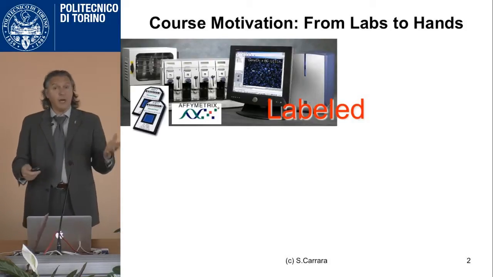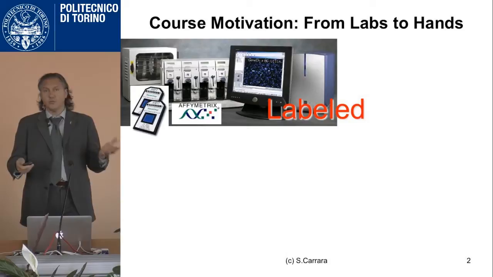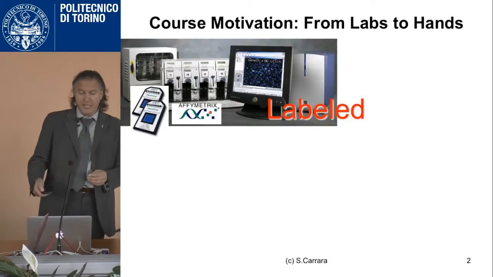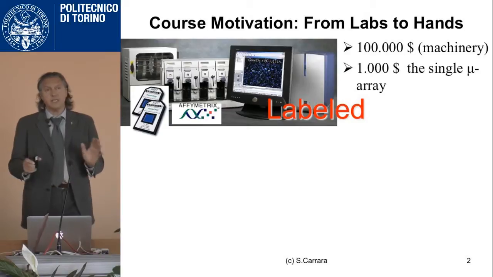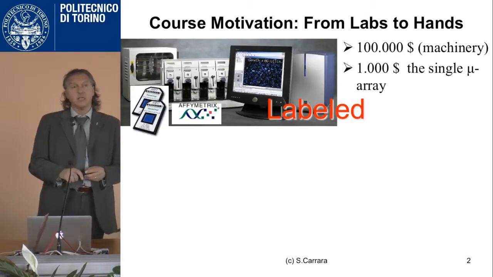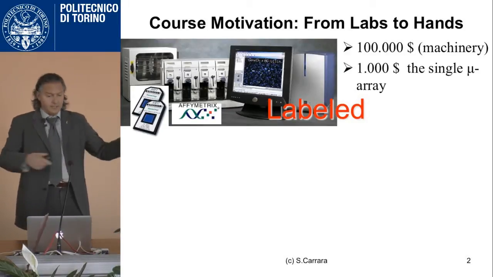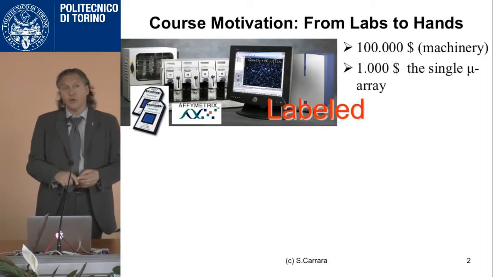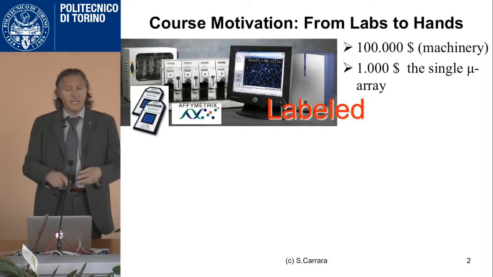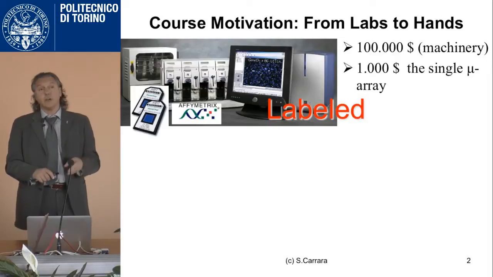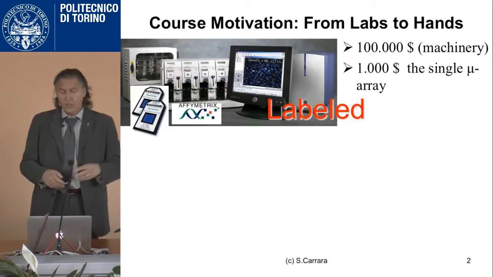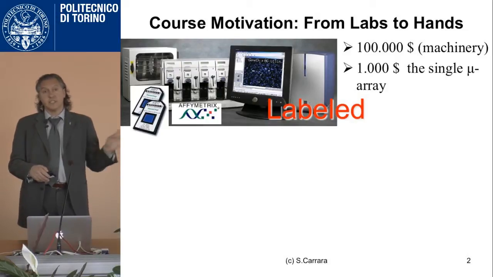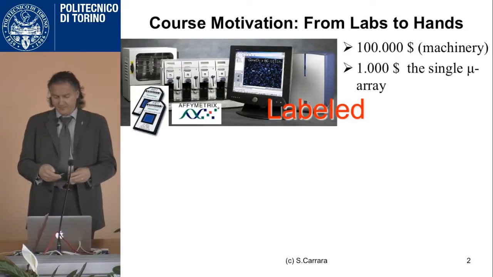They are extremely powerful. They can help us to, for example, code the DNA genome of humans, but they are typically still very costly machinery. They are bulky. So as you can see in this photo, they are still lab equipment. And even the cost for each single array is still high. In this case, we are on the order of $1,000 per assay.